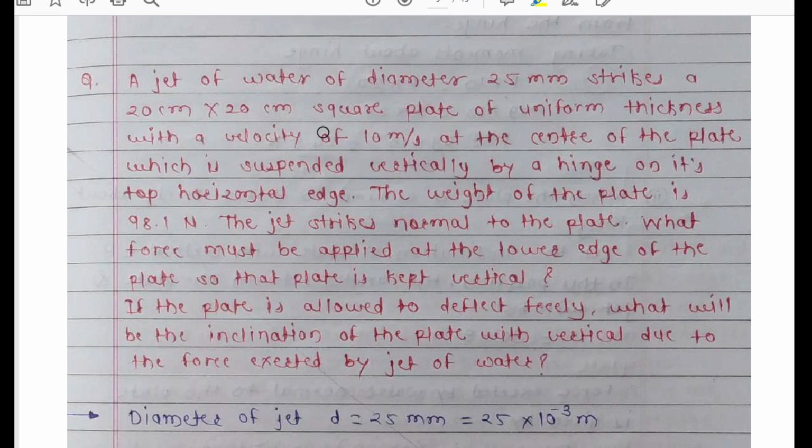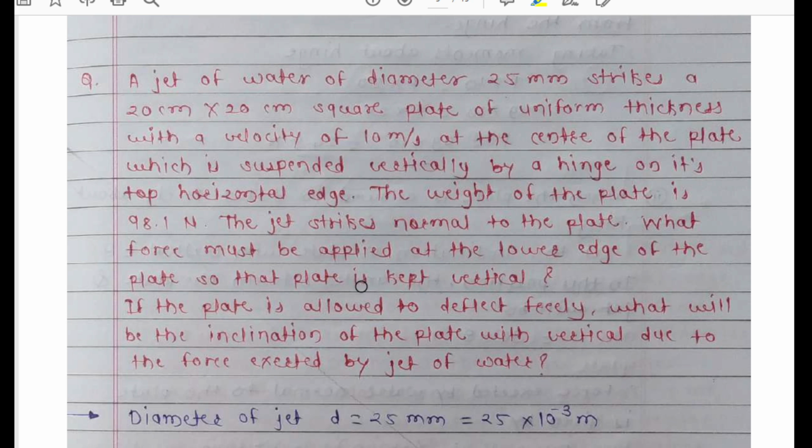Now the velocity of the jet is 10 meters per second, and the plate is hinged at the top horizontal edge. The weight of the plate is also given, 98.1. We have to find the same thing which we have previously explained: the force which must be applied at the lower edge of the plate so that the plate is kept vertical only.